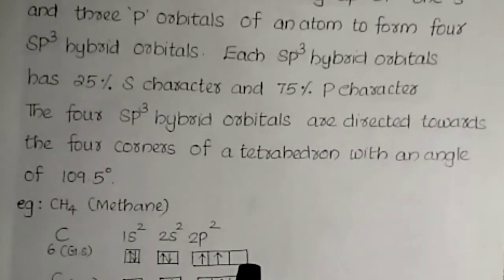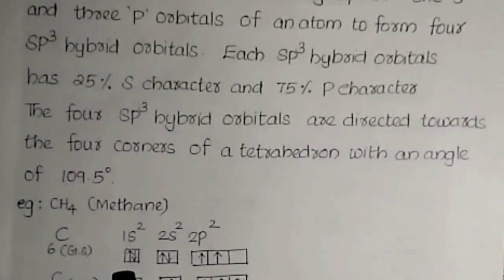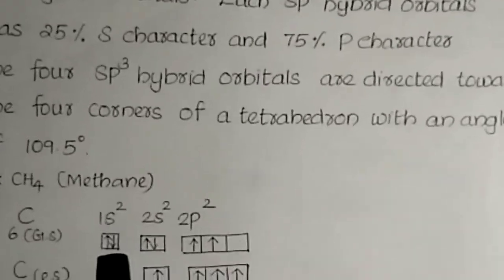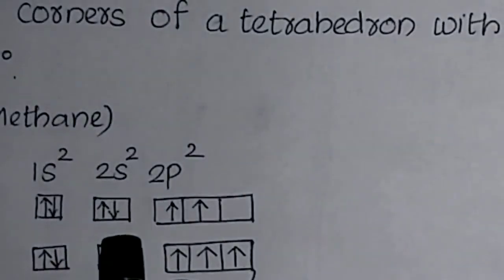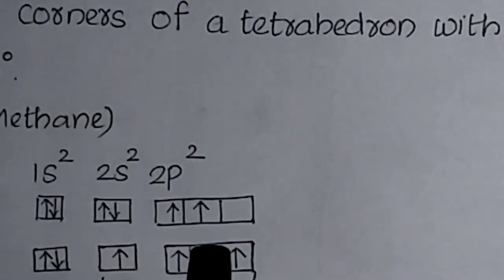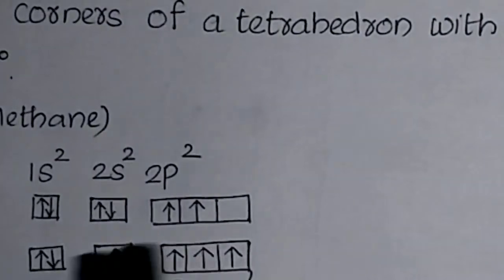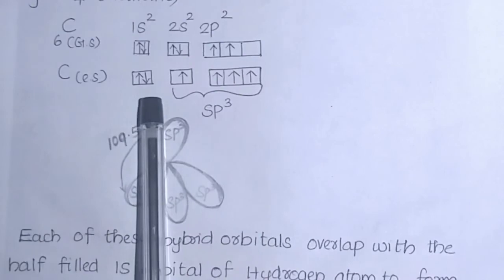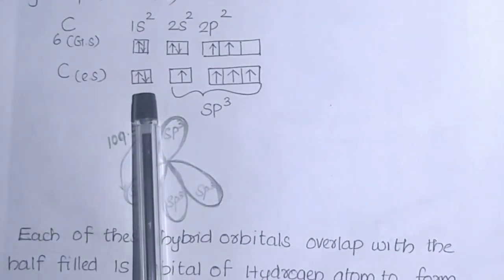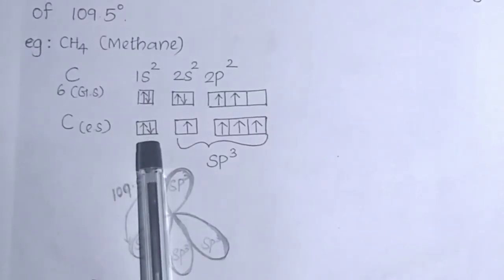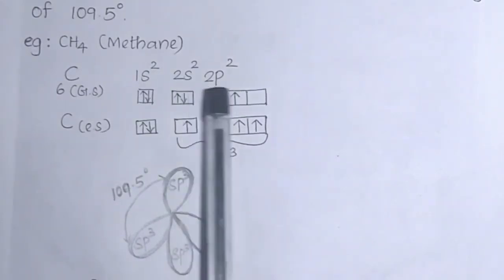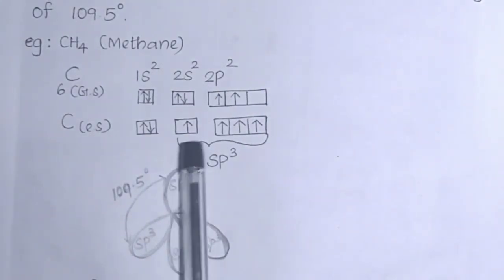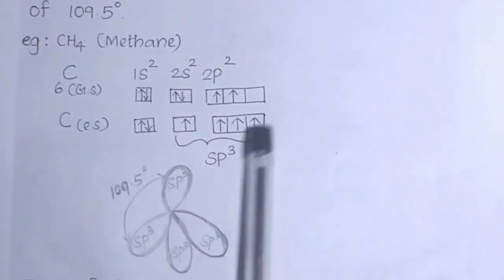Then in the orbital diagram method, 1s has 2 electrons, 2s has 2 electrons, and 2p consists of 2 electrons. Then for excited state carbon, the electronic configuration is 1s2. This is the inner electron, so it does not take part in hybridization. So from the 2s outermost shell, 1 electron jumps to the 2p level.